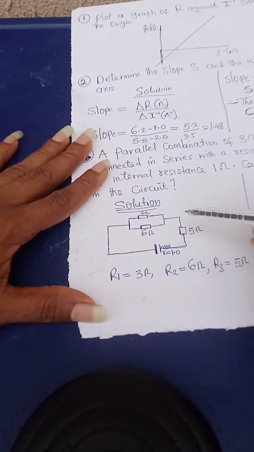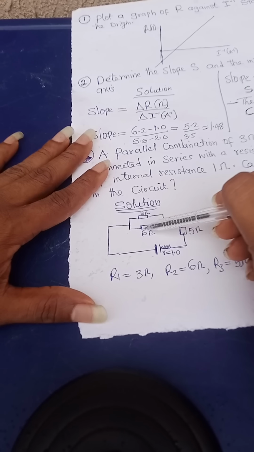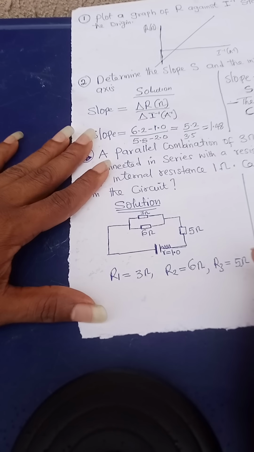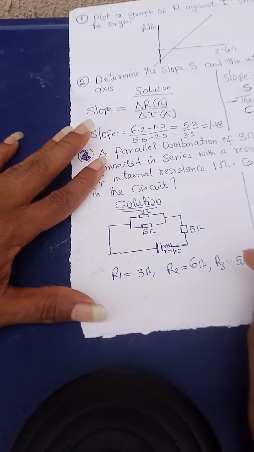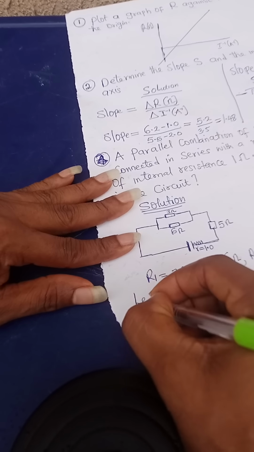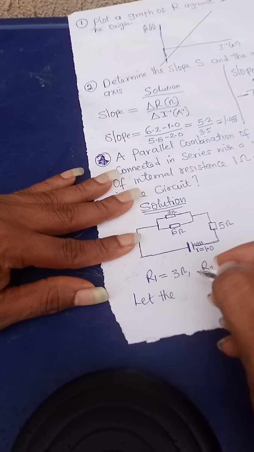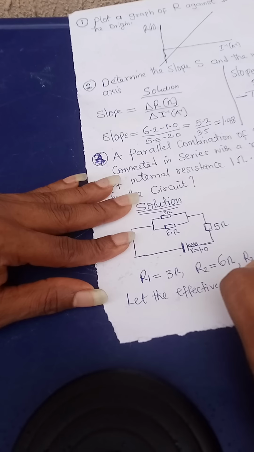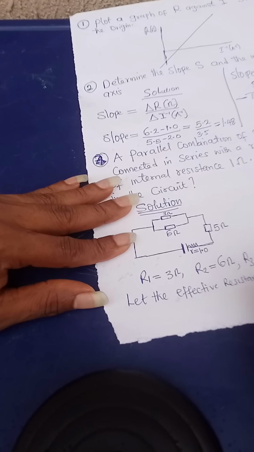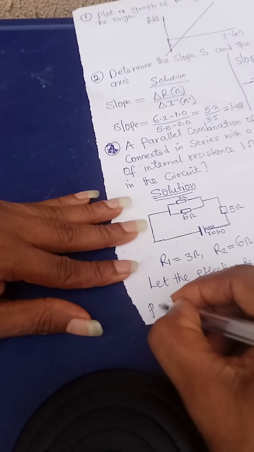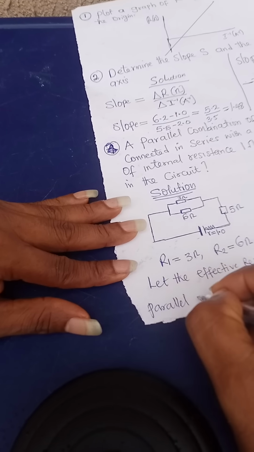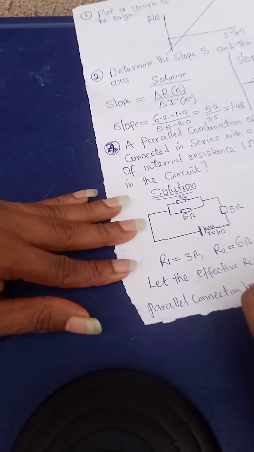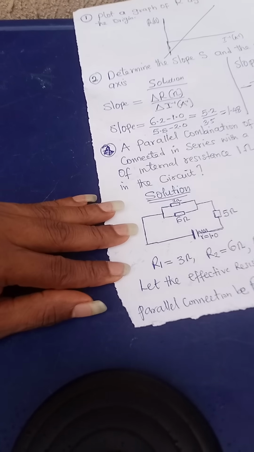Okay? Now, I need to resolve these two resistors that are in parallel first. So let the effective resistance of parallel connection be R4.